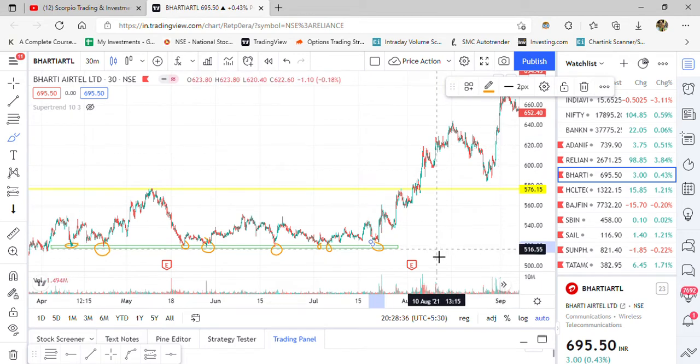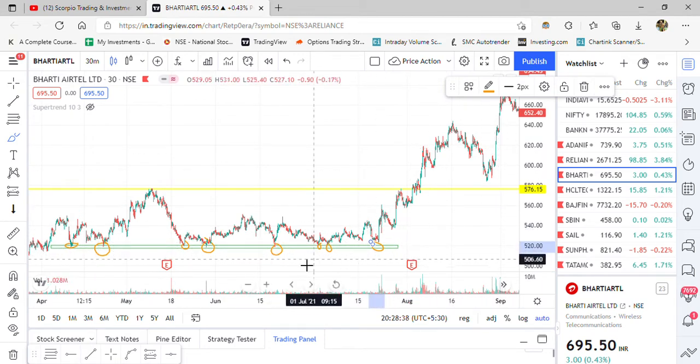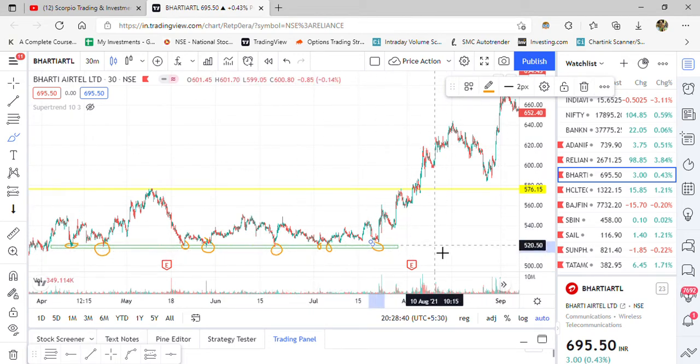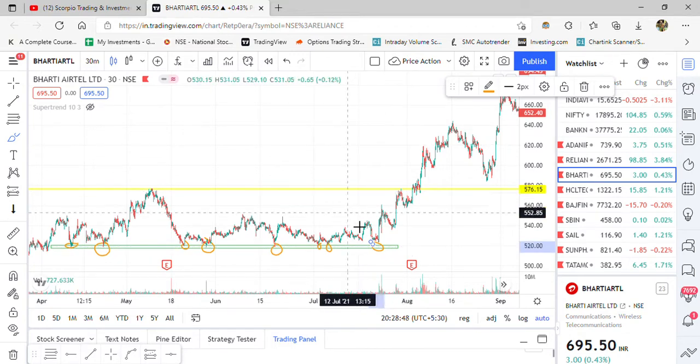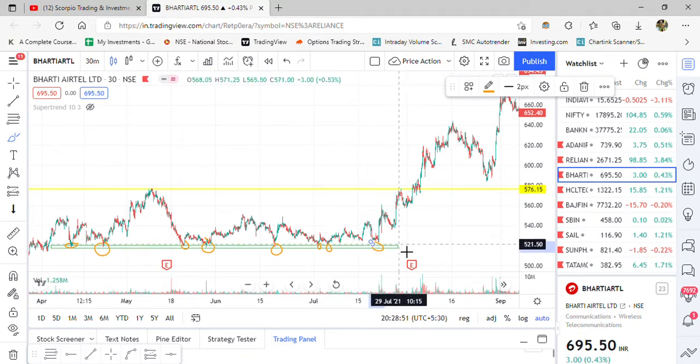As an investor you should keep this support level in mind: if the stock breaks this, you can think of selling some stake. And traders can take a trade. For example, now the stock is moving up, so you can buy at this support level and sell at higher levels.